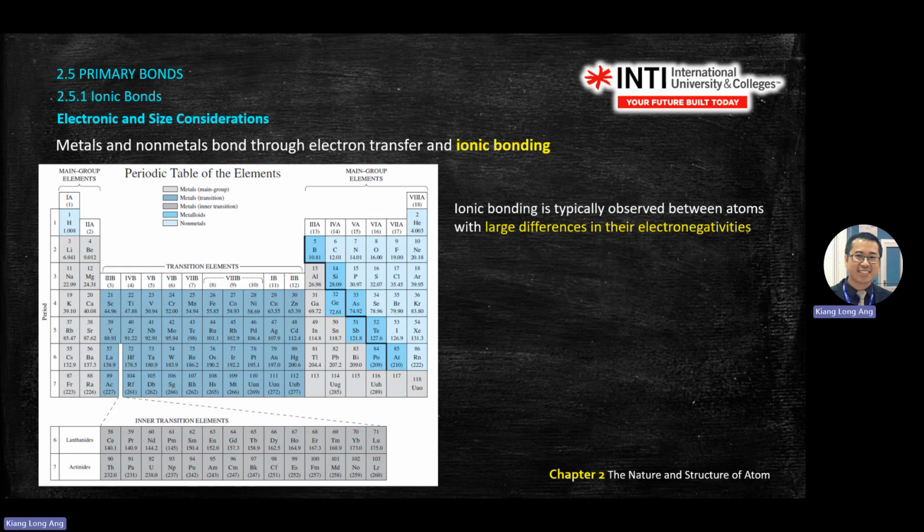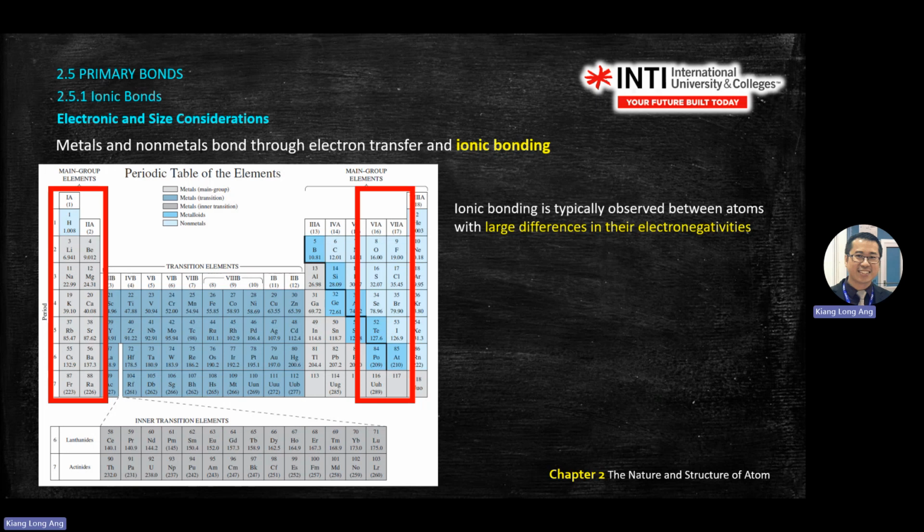Okay, so the first thing you identify is by their electronegativities, the difference of electronegativities. So usually I highlight on the diagram here. On the left you have family 1 and 2. Family 1 and 2 have 1 electron outside and 2 electrons outside, so they are more willing to let go of their outside electrons at the outer orbit.